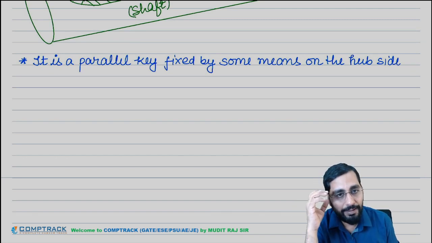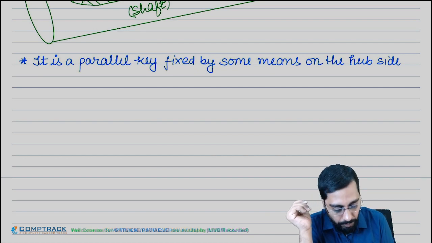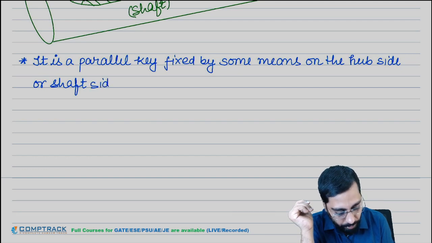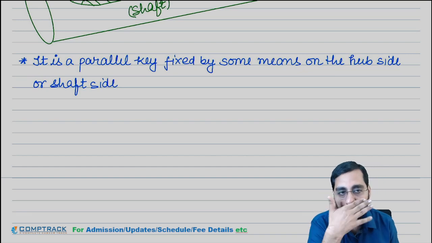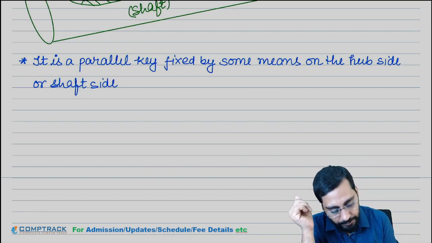On the hub side और shaft side, इंटरचेंज भी कर सकते हो. If the key will be on the shaft side, then the hole will be on the hub side.